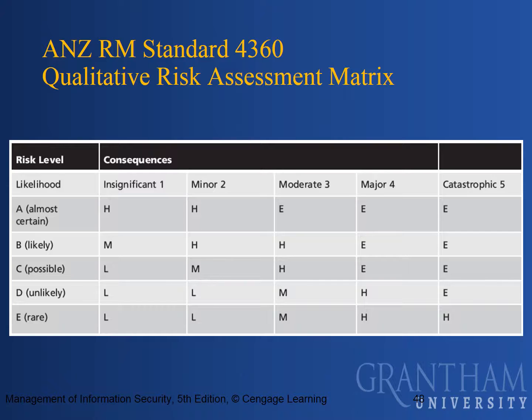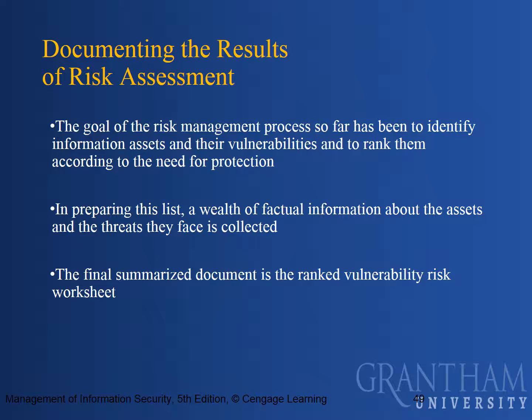Here you see the 4360 qualitative risk assessment matrix. When documenting the results of risk assessment, other than the items shown here on the slide, you should also remember that information about the controls that are already in place is collected.